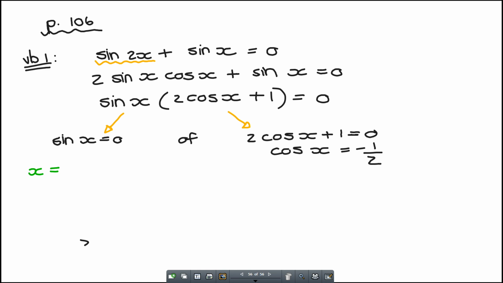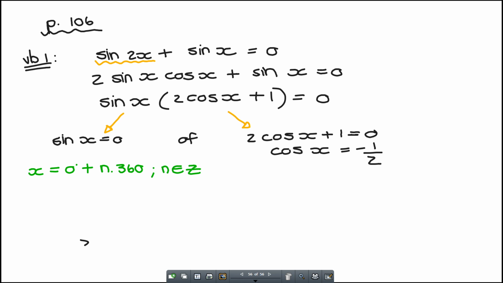X is equal to 0 degrees plus n times 360. Ja, maar eintlik kon jy daai maar jy hoef eers dit geskryf het. Want as dit 0 plus daai is, it's not gonna do anything.